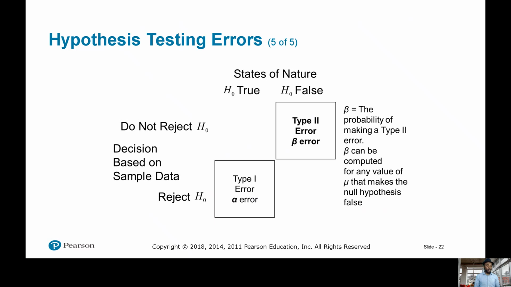We do not set this value at the beginning, unlike alpha. Beta depends on alpha, the significance level, and on the value of the parameter you are testing. It also depends on the population standard deviation and the sample size.